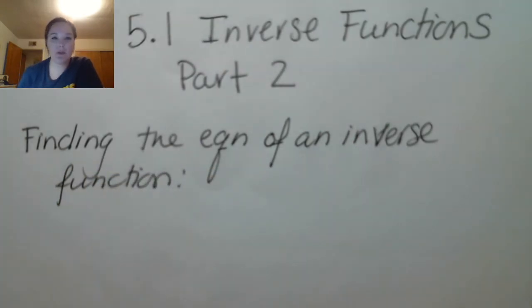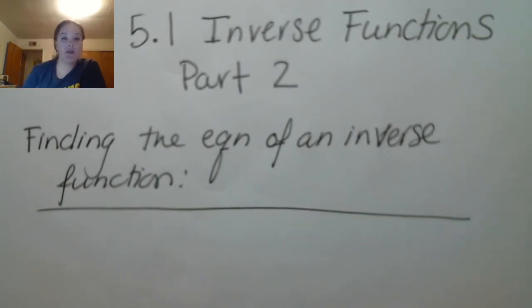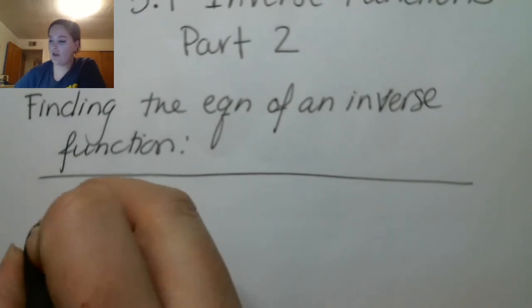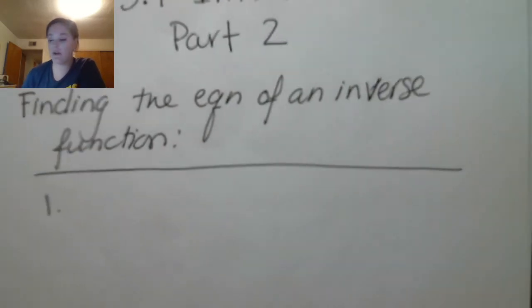Let's talk about the steps to do that. This is assuming that you're given the equation of the original function. The first step is to change out of the function notation into x and y notation.